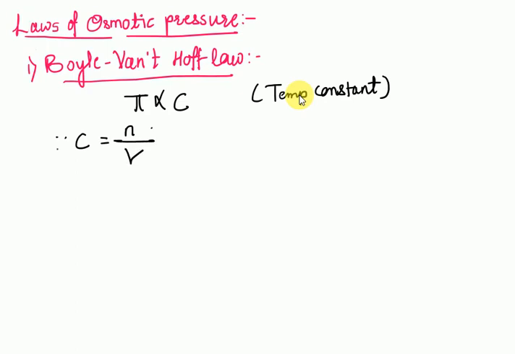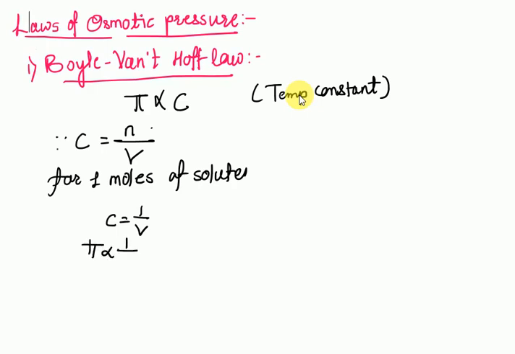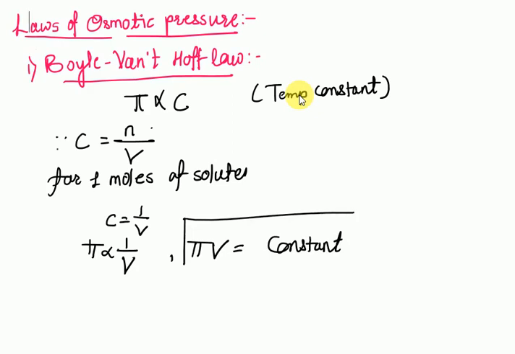So, the pi is, for 1 mole of solute, C is equal to 1 upon V. So pi is directly proportional to 1 upon V, and we can remove the proportionality sign: pi V is equal to constant.